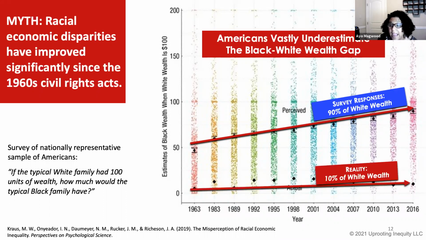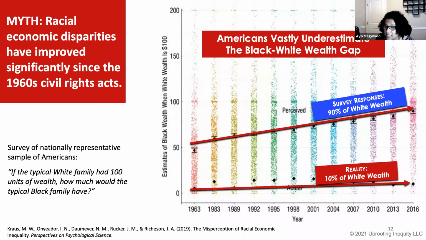That is way off the reality. In reality, the typical Black family has 10% of the wealth of the typical white family. So there's a huge misperception, and you'll notice there are two.